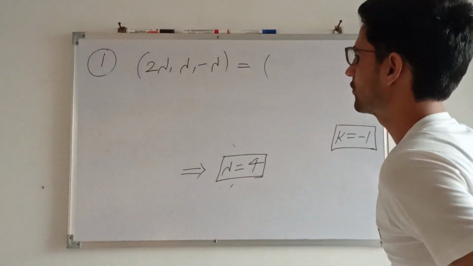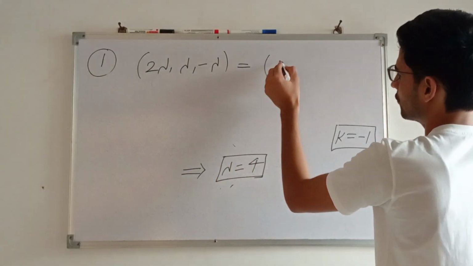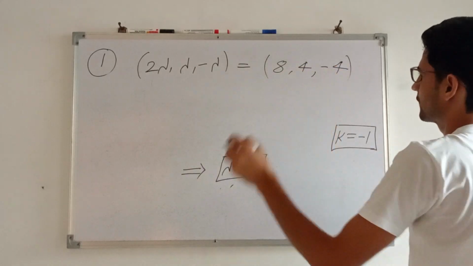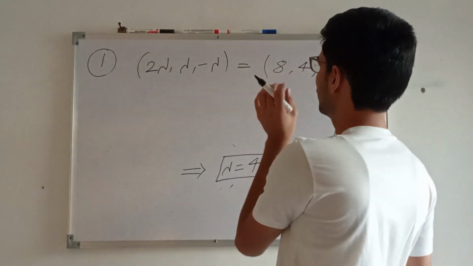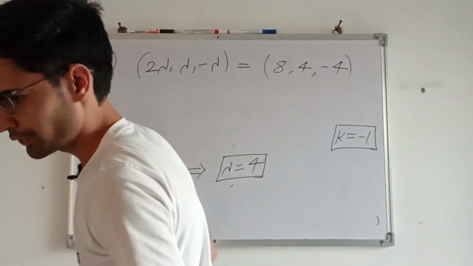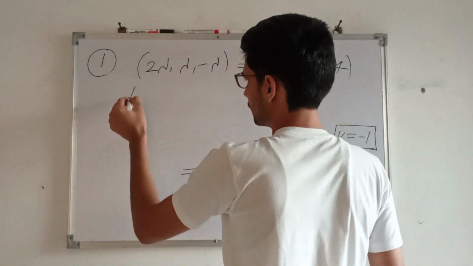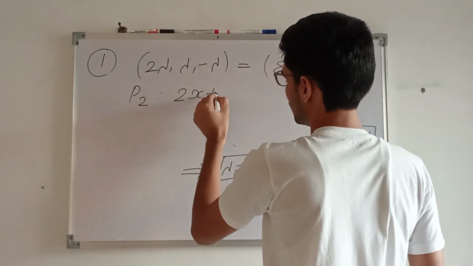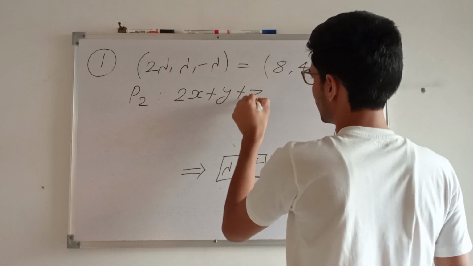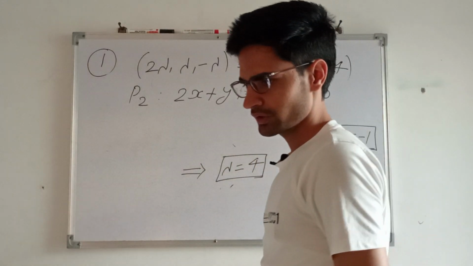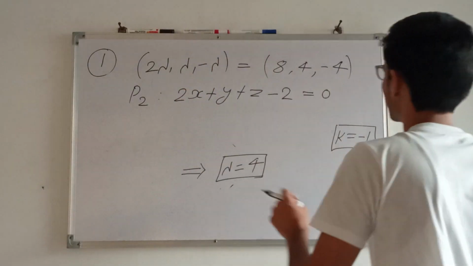Put this lambda value there, we get 4, 2 times 4 is 8, 4, minus 4. Now given that, find the distance from this point to the plane P2. What was P2? P2 was 2x plus y plus z minus 2 is equal to 0.